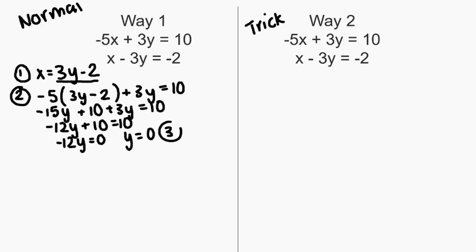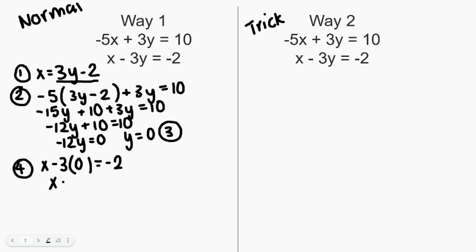So after we find our first variable, that's the end of step 3. Now we're going to plug in y equals 0 into one of the equations to find the value of x. So let's just do this bottom one here because it seems a little bit easier to solve. So we'll do x minus 3 times y, in this case y is 0, which is going to be equal to negative 2.